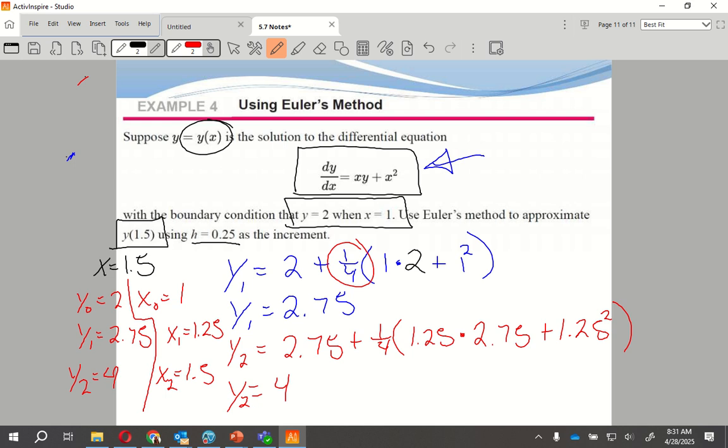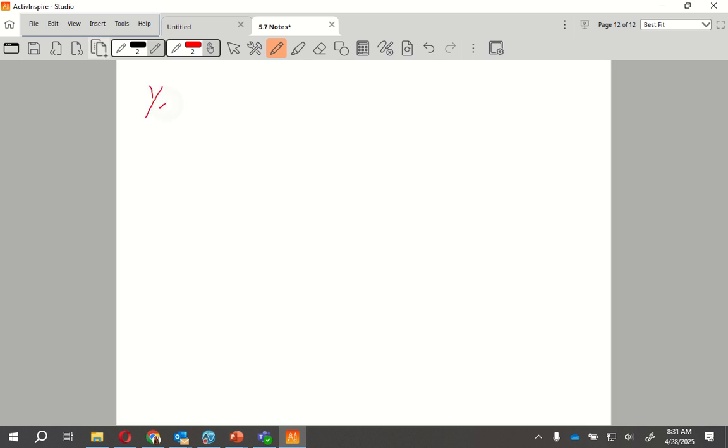So I gotta go and do this one to get my y third. So one more time is equal to 4 plus my 1/4 that I'm increasing every time because that's my h value. Then it went 1.5 times 4 plus 1.5 squared.